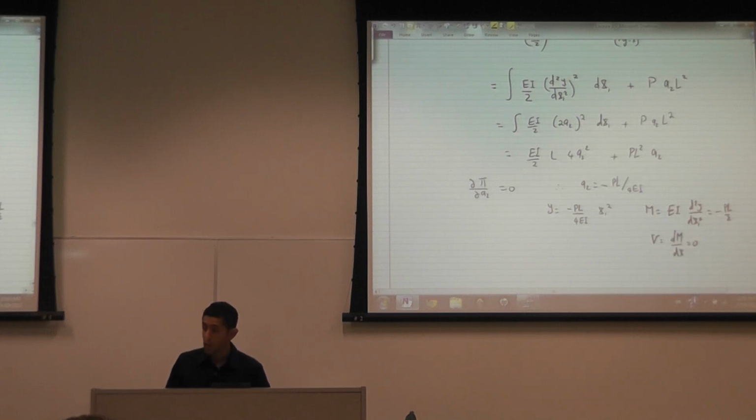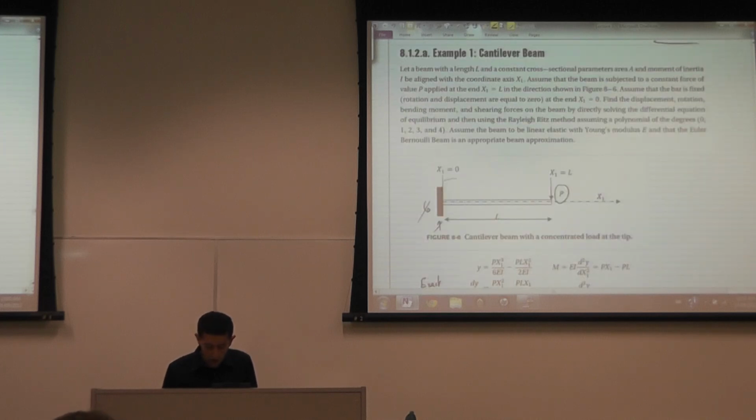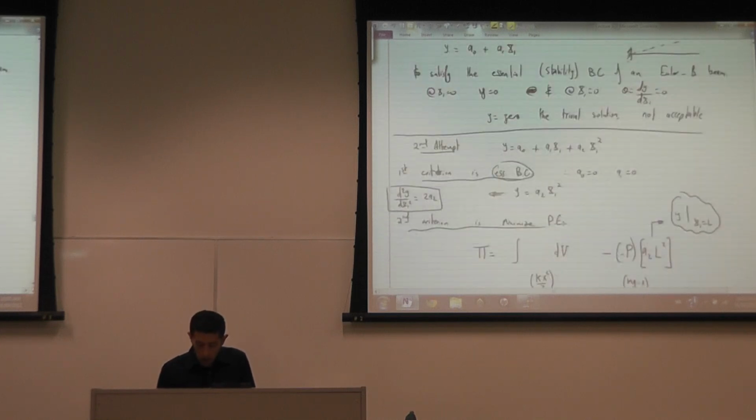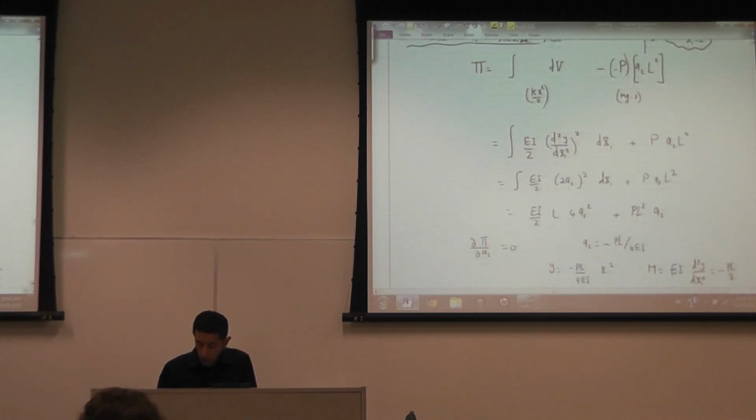So the approximation is predicting 0 shear on the beam, when the beam actually has a constant shear, but because I restricted my approximation to only this parabolic function, I was not able to predict shear.